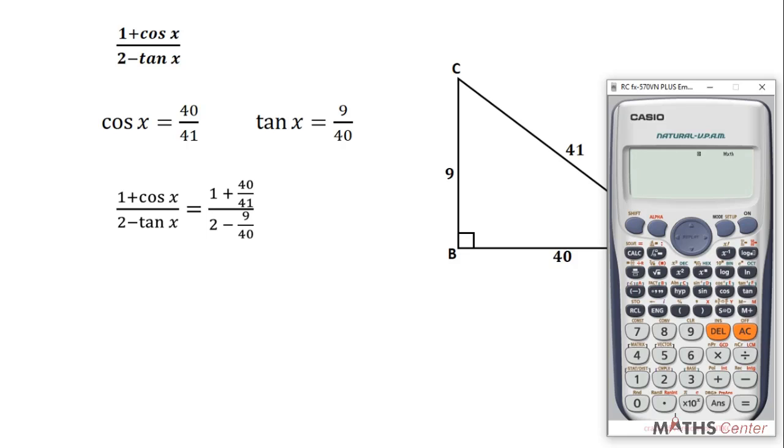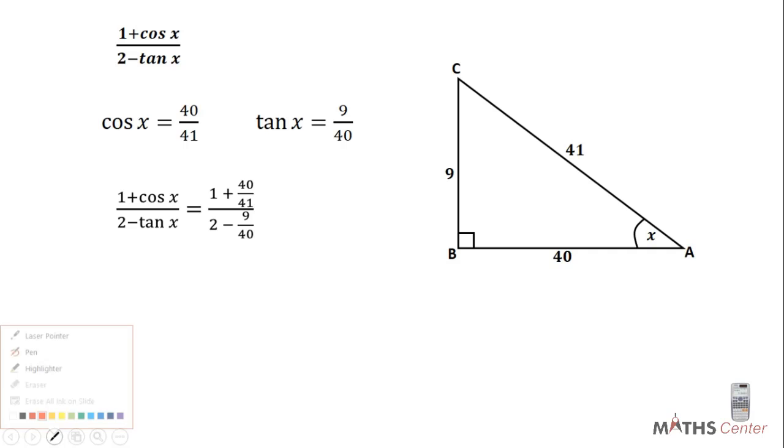Let's find the denominator too. The denominator is 2 minus 9 divided by 40, and this will give us 71 divided by 40. So the numerator is 81 divided by 41, then the denominator is 71 divided by 40. So we have 81 divided by 41 as the numerator, divided by the denominator, which is 71 divided by 40.